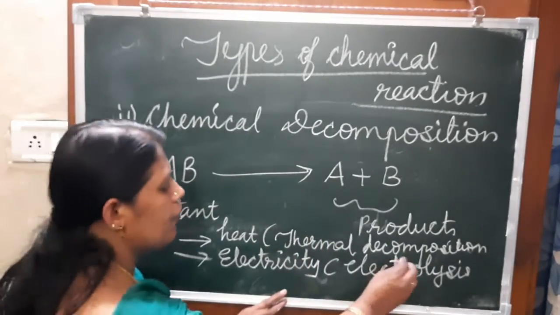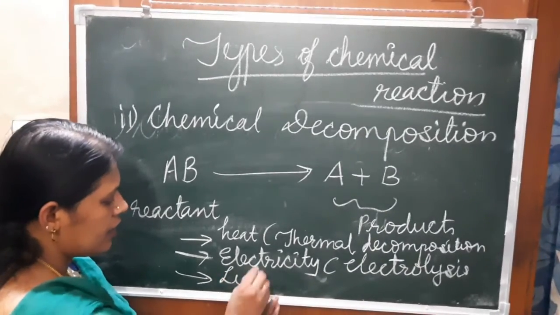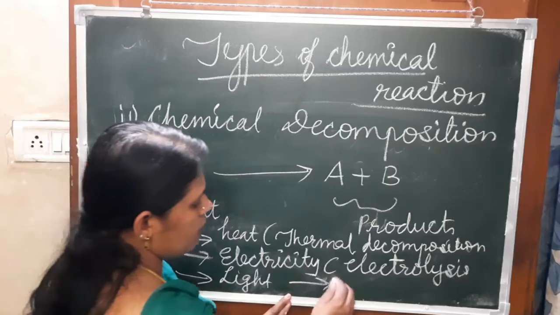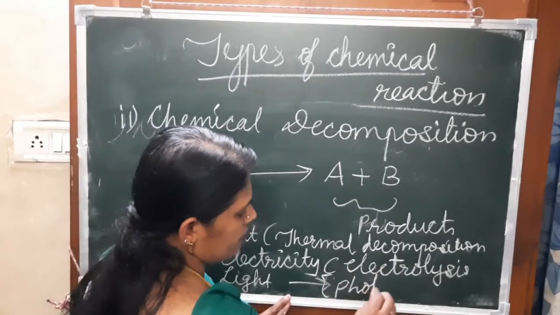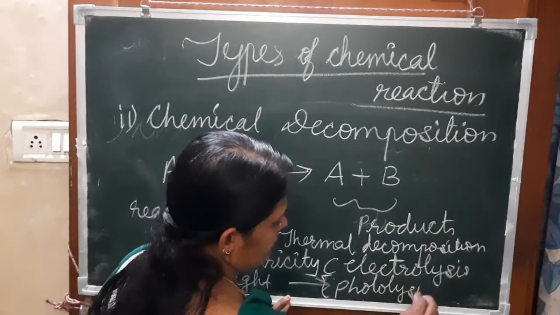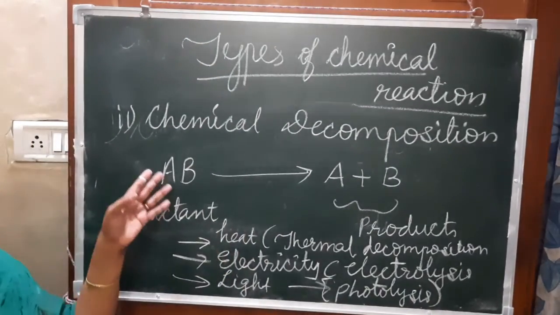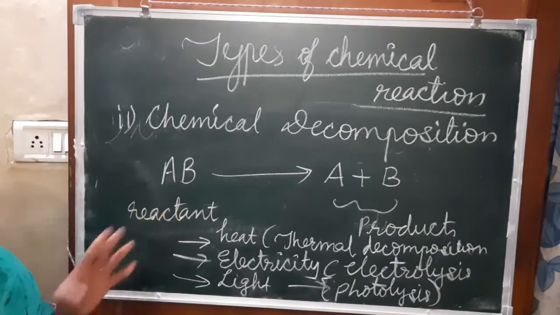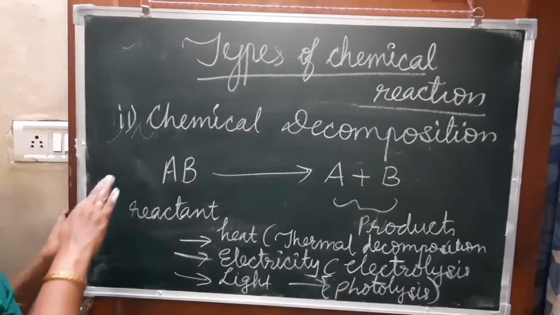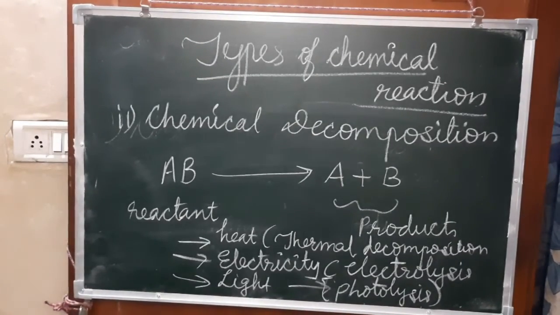And if it is by passing light, then it is known as photolysis. These all help in decomposing, splitting the reactant into two products. That is chemical decomposition.